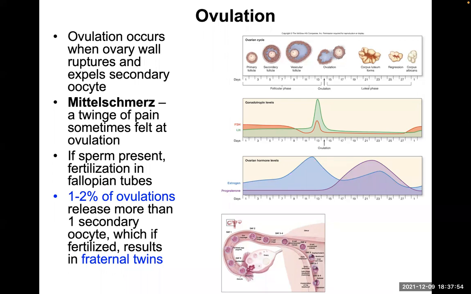And I already mentioned that in a small percentage of situations during ovulation, more than one mature or secondary oocyte is ovulated, and that can result in fraternal twins.